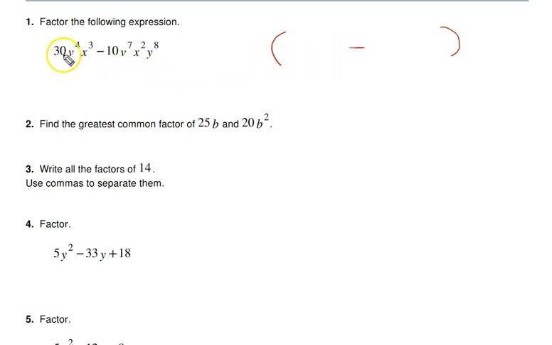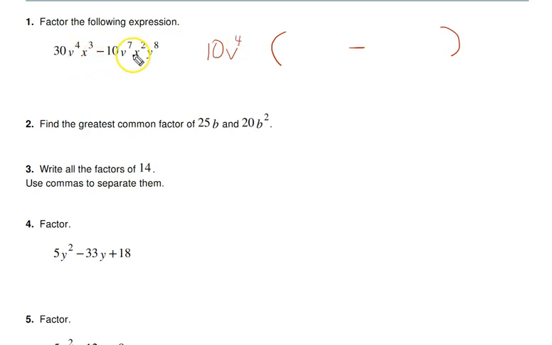So we look at the number, and it looks quite obvious that we can take a 10 out of both of these. Then we look at the letter V, and the largest factor we can take out of each one is a 4. So V to the 4th.